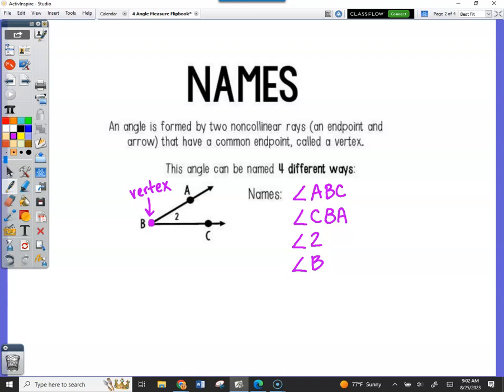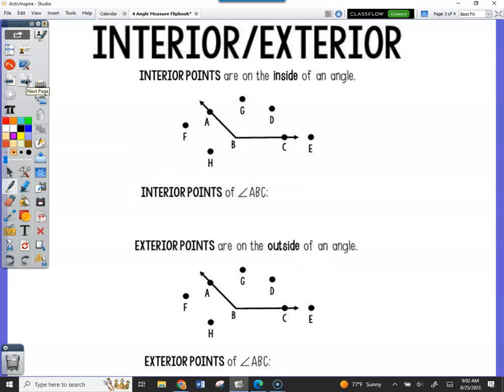Okay, please gently fold the next flap, and let's just really quickly talk about what it means, interior versus exterior of an angle. So if you look at this picture, and I'm going to highlight, you don't have to necessarily highlight. You could lightly shade with your pencil if you wanted to. But interior would imply that if the angle was completely closed and it was opening up, the interior would be the points between the 2 rays.